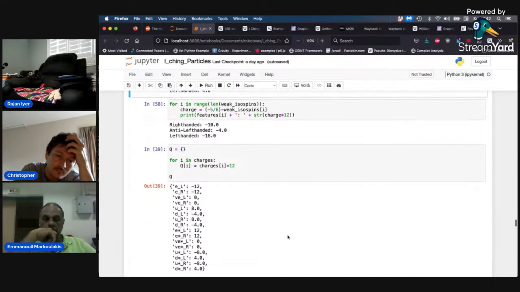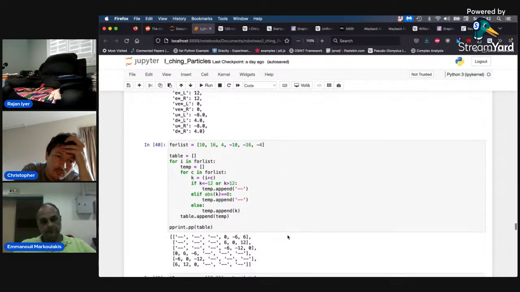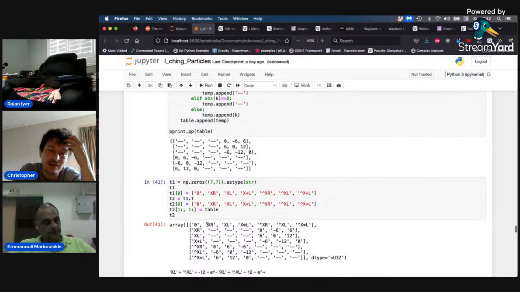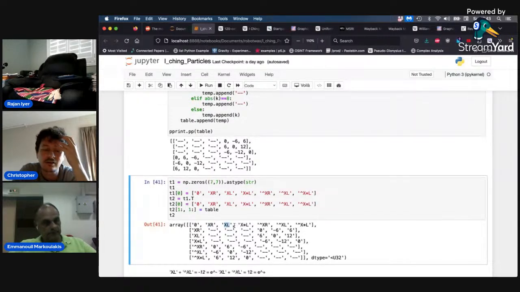So, right, here's just the table. Then we have the right-handed or left-handed X particle, the anti-right-handed particle, the anti-left-handed X particle, and then I haven't come up with names for these, the star left-handed particle, and then the anti-star left-handed particle.